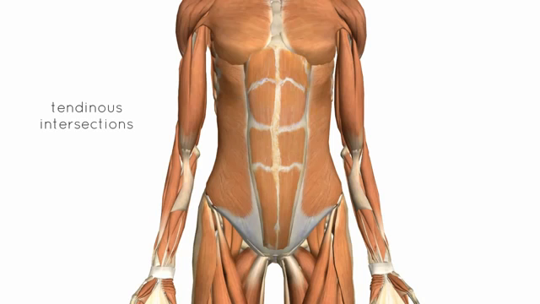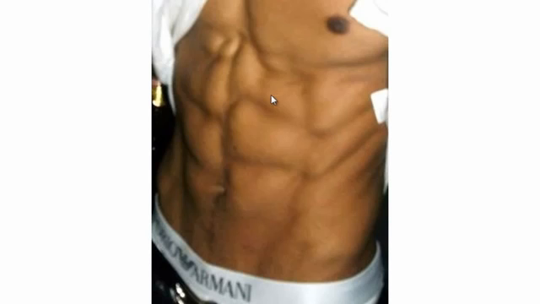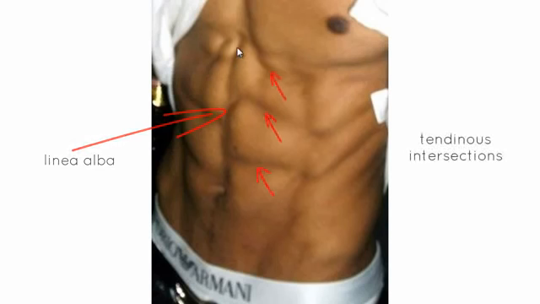So these are called tendinous intersections, and these can be seen on people who have low body fat and a lot of muscle mass in the rectus abdominis. So you can see in this picture the sort of surface anatomy. So you can see the linea alba down the midline, and you can visualize the tendinous intersections between the muscle bellies of the rectus abdominis.